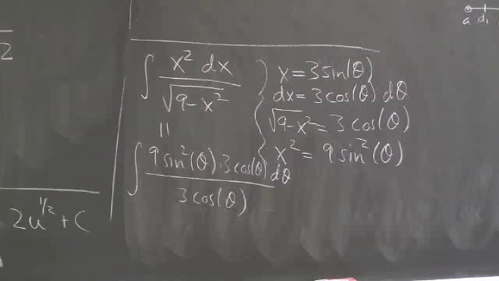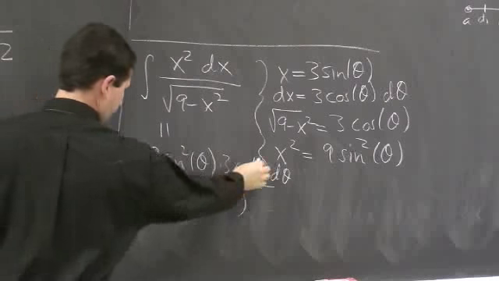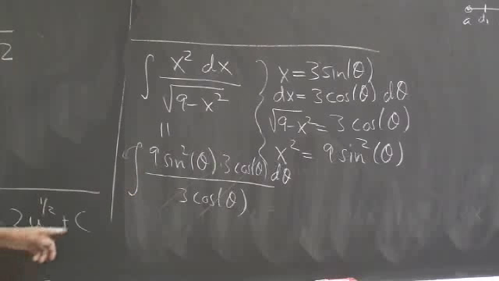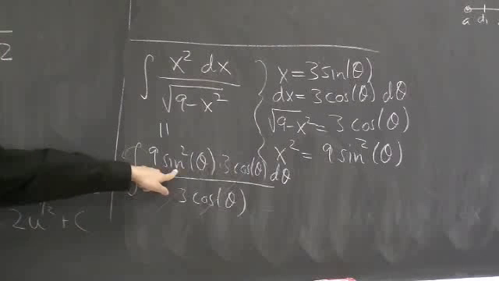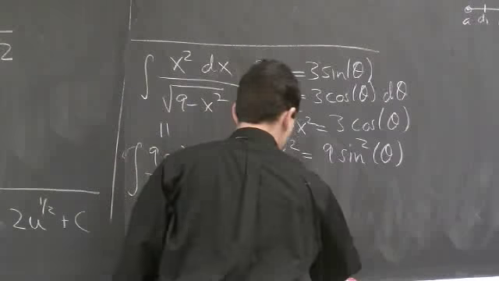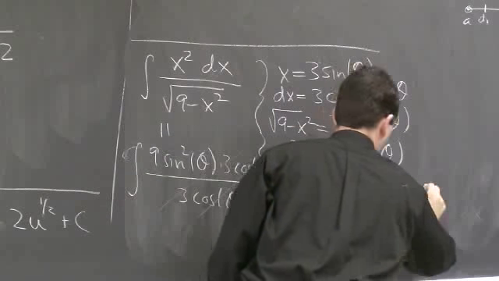So the cosines of theta cancel, the 3's cancel, the 9 will come out, and I'm just left with computing the integral of sine squared, which we've done before several times. So this is equal to 9 times the integral of sine squared theta d theta.